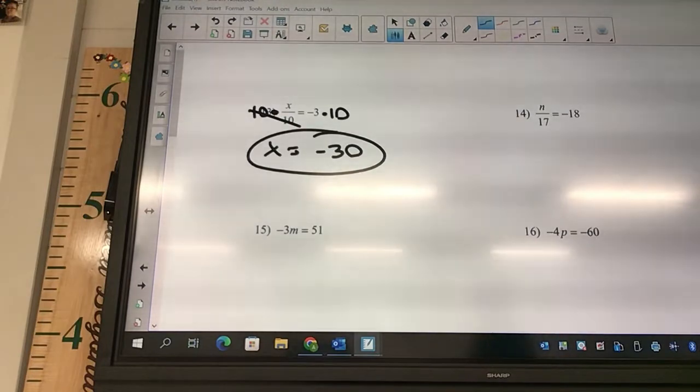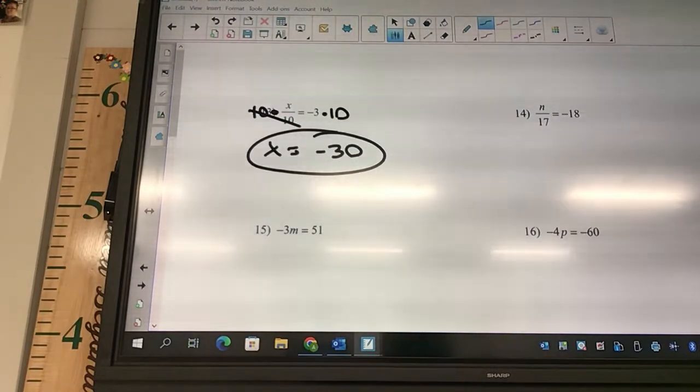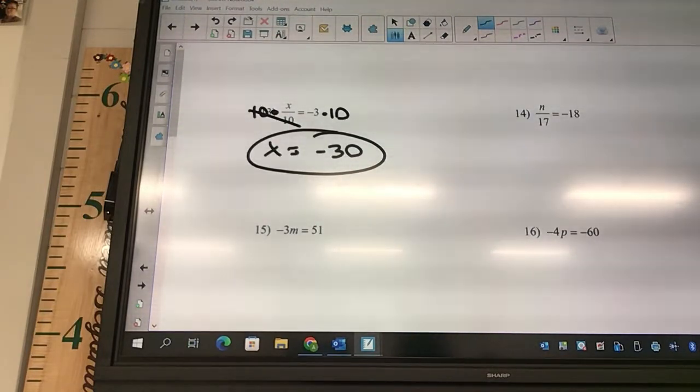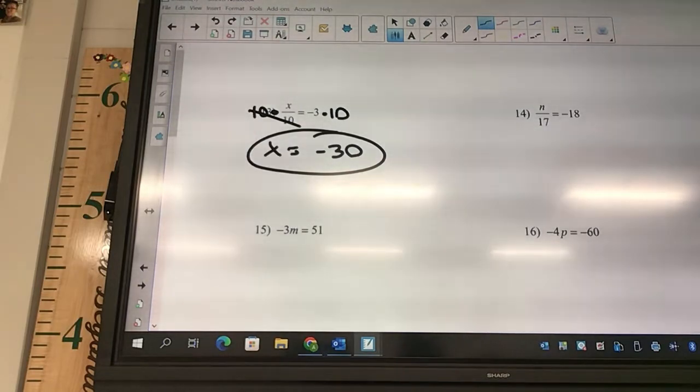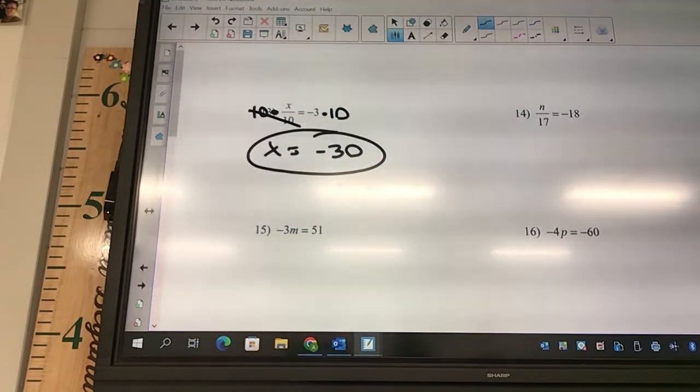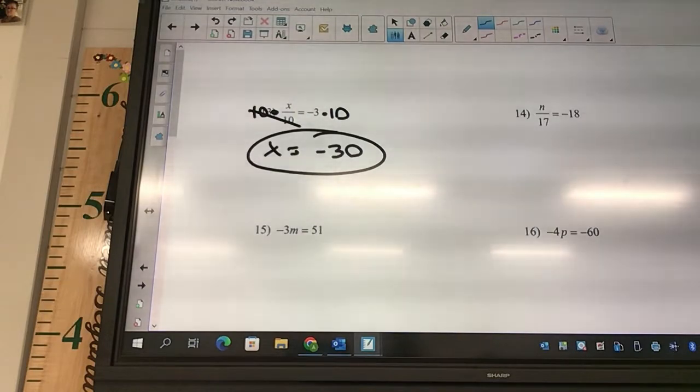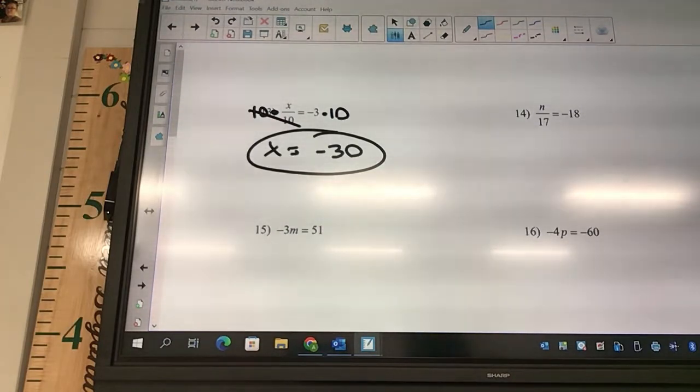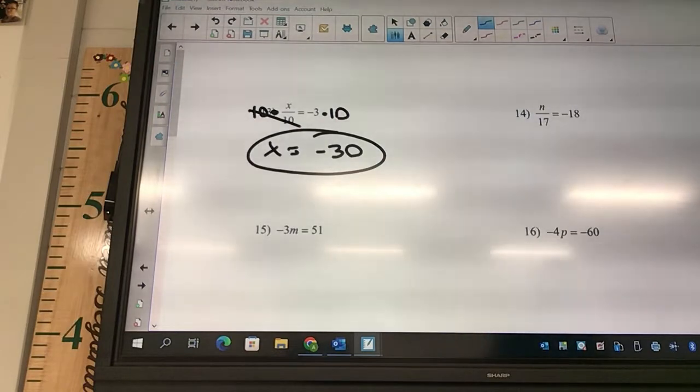Negative 3m equals 51. What does that mean, negative 3m? It means multiply, so you need to do what? Divide. You better put that dang phone up. So it's multiply, so you need to do what?